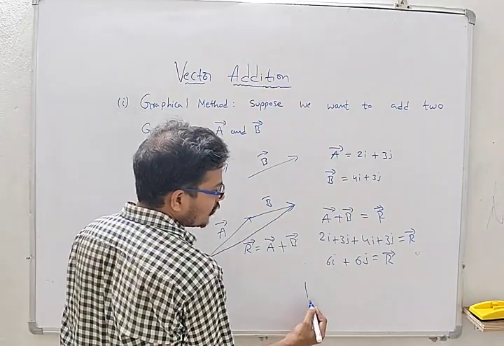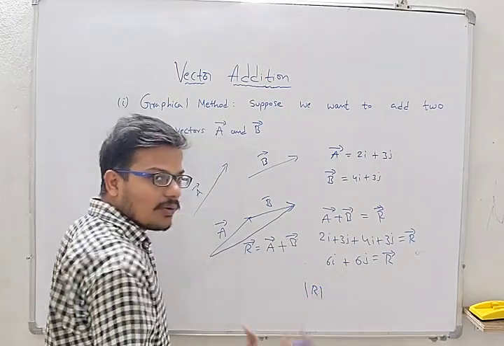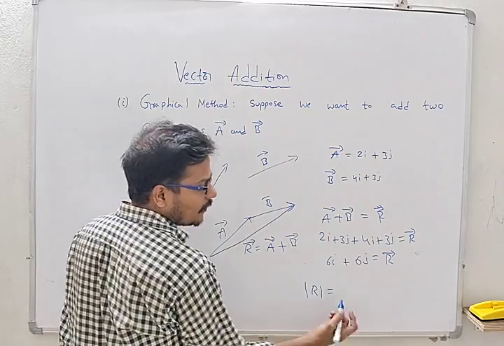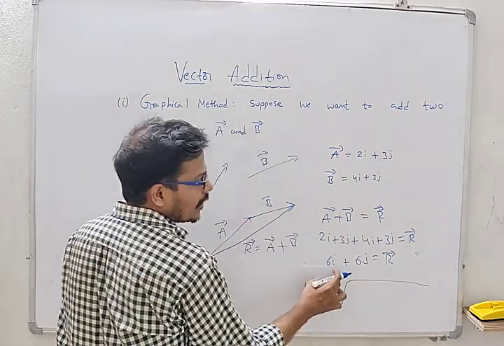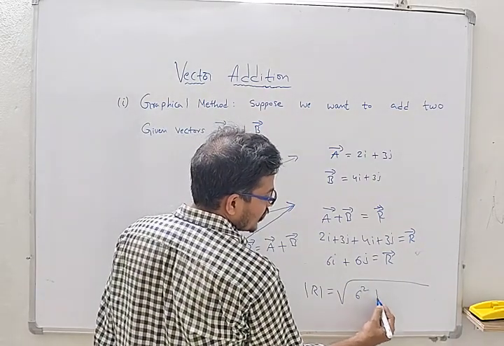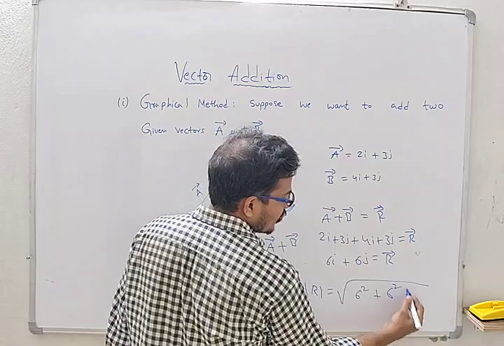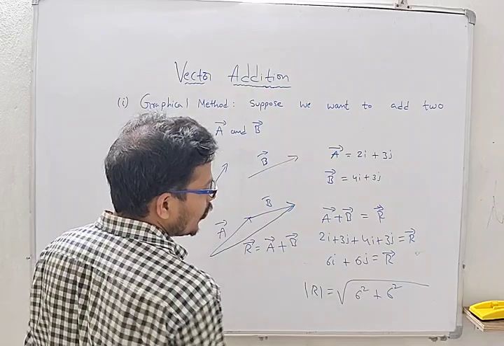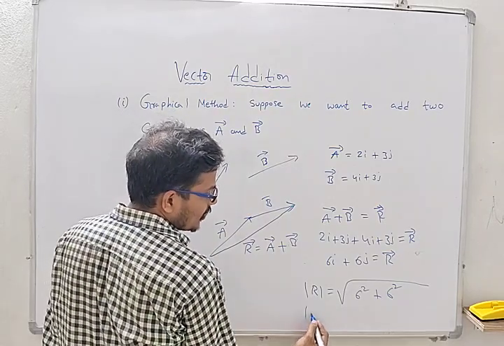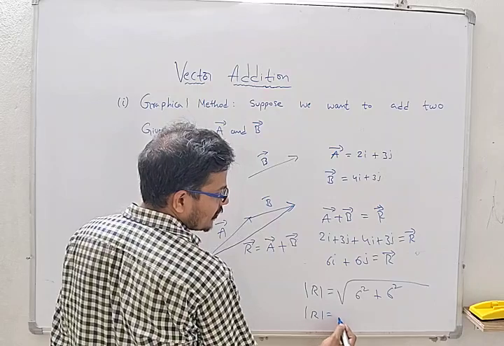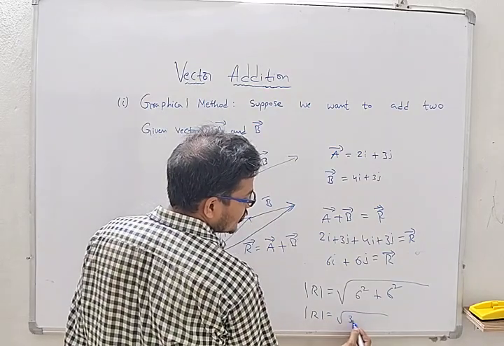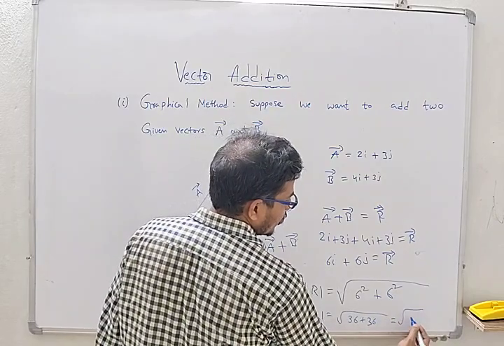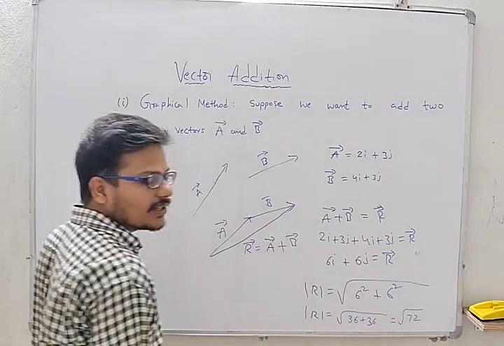Now I want the magnitude of the vector, its value, the physical quantity of the vector. We have a formula for the magnitude of the vector: i component squared plus j component squared. So the magnitude of R is equal to root over 36 plus 36, which is root over 72.